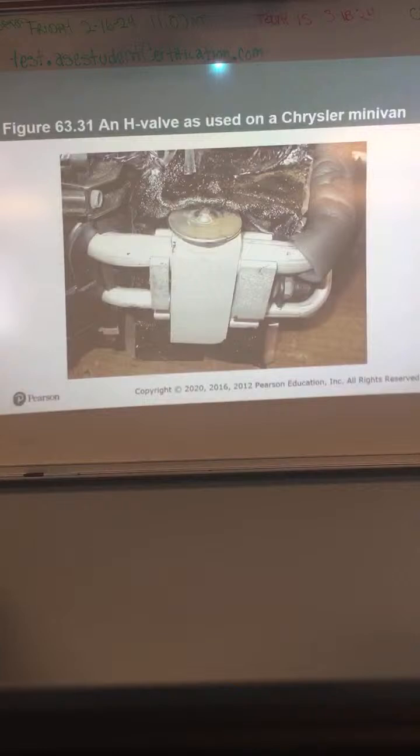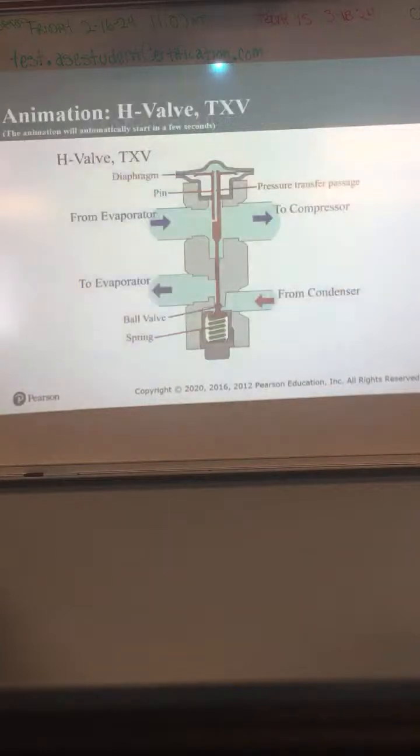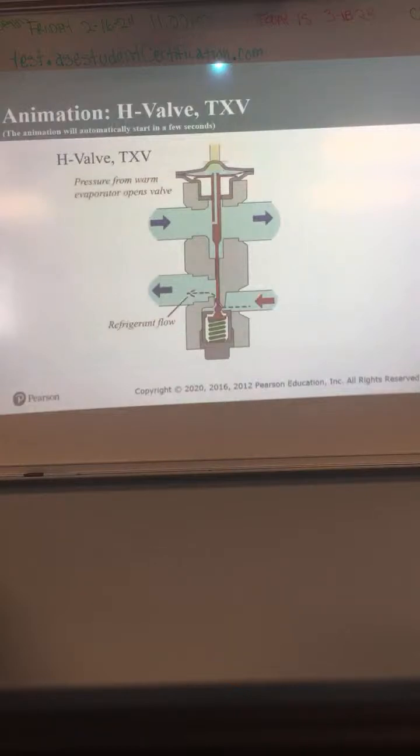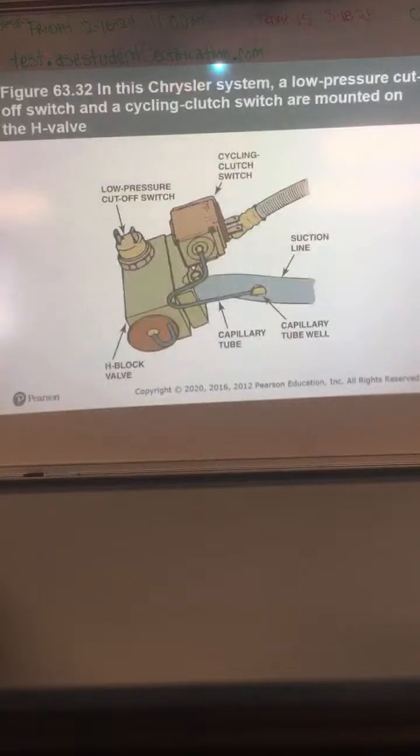Those were two. And as you can see on this type, it's got its own little temperature valve right inside of it. So it doesn't need that extra capillary tube.